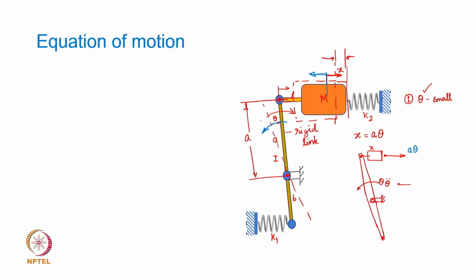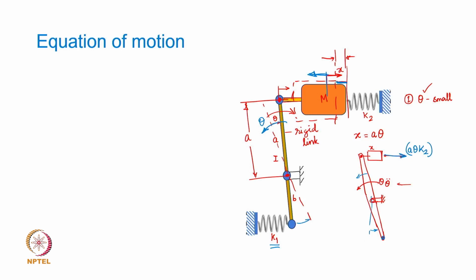So, if theta is swinging in the counterclockwise sense, the mass is going to move leftwards and the spring is going to get stretched by this distance, and then that stretch in the spring, A theta, multiplied by k is going to be the force which pulls the mass back to its original equilibrium position. While this theta is happening in the counterclockwise sense, the spring which is attached at the other end of this link also is going to stretch.